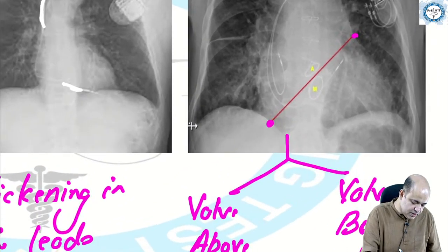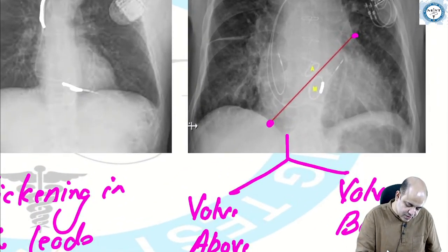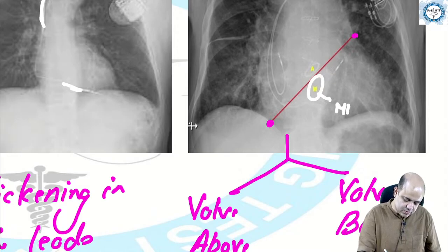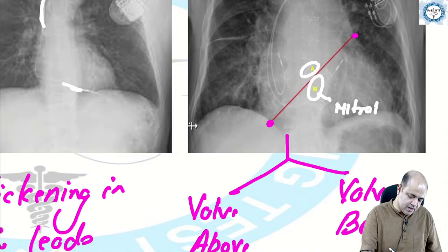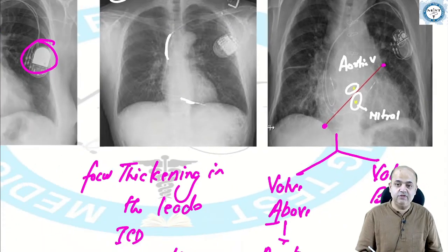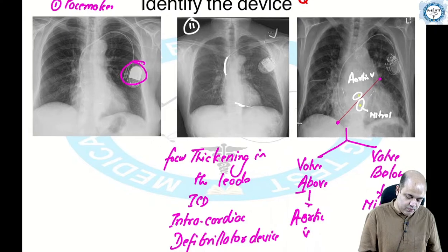So we can zoom in, and we can see this will be the mitral valve. This will be the aortic valve.